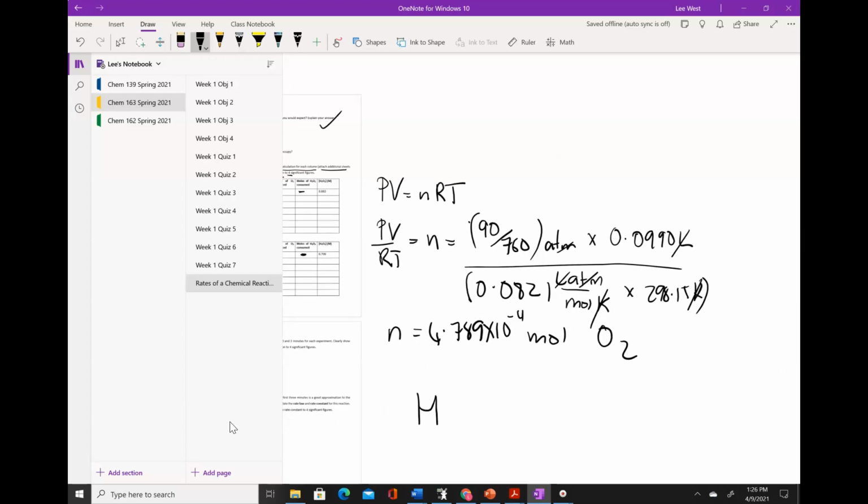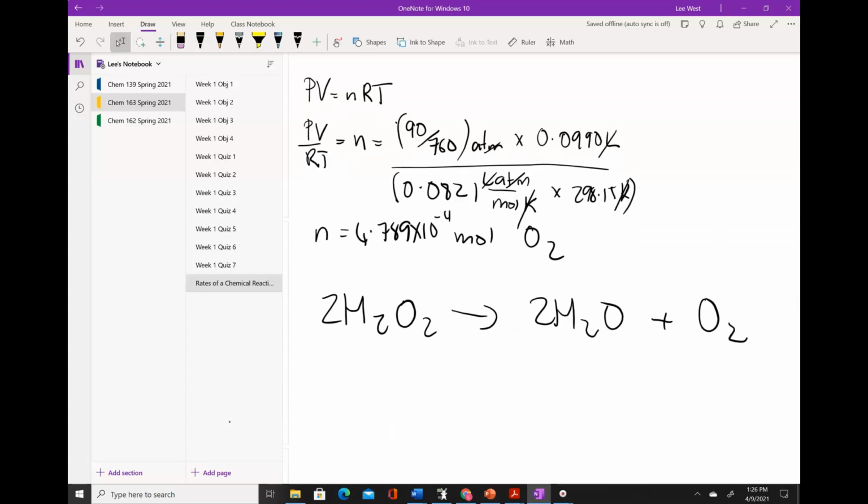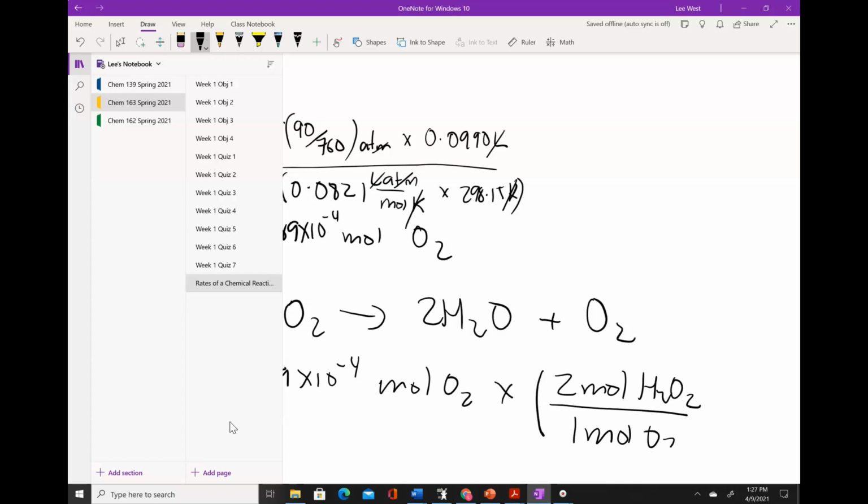Now, you remember our balanced equation. 2H2O2 gives me 2H2O and a mole of O2. So we're also asked to calculate the moles of H2O2 consumed. So what I've got here is 4.789 by 10 to the minus 4 moles of O2 times, from our balanced equation, 2 moles of H2O2 for every 1 mole of O2.